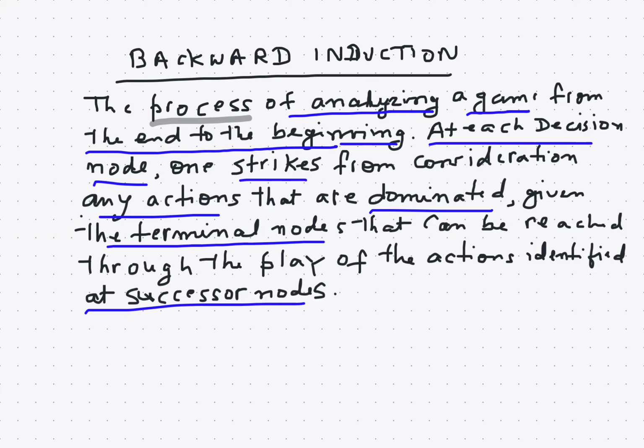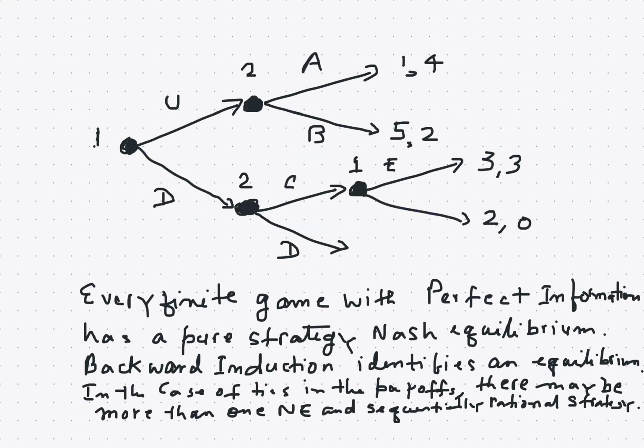You strike them off. Then you move to the 3rd stage, and whoever is playing there will look at the strategies and the payoffs, and then delete the dominated strategies. In this way, you move to the 2nd and the 1st stage of the game, right?